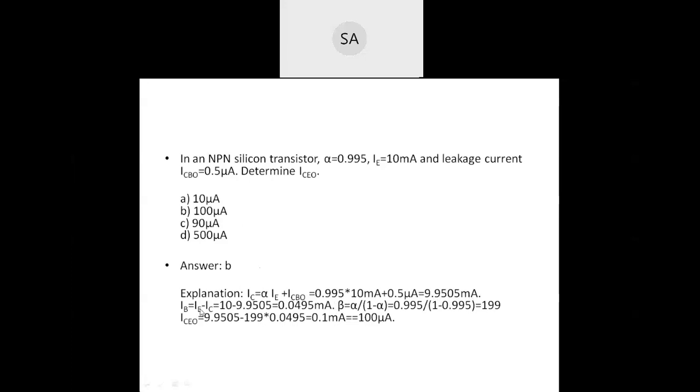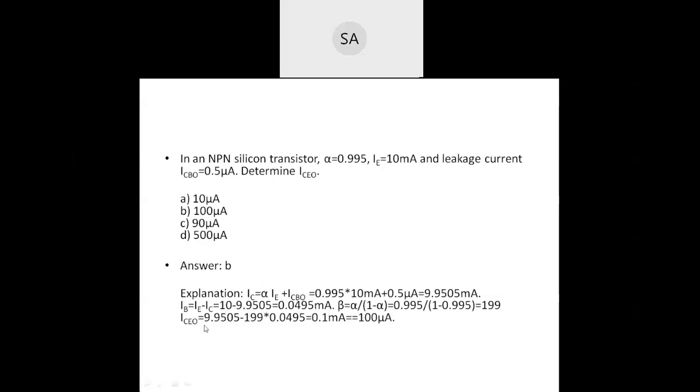We have the equation IE is equal to IB plus IC. So from that you have to define IB is equal to IE minus IC, 10 minus 9.95, so you will get 0.495 milliamperes, and beta is equal to alpha by 1 minus alpha, which is 199.